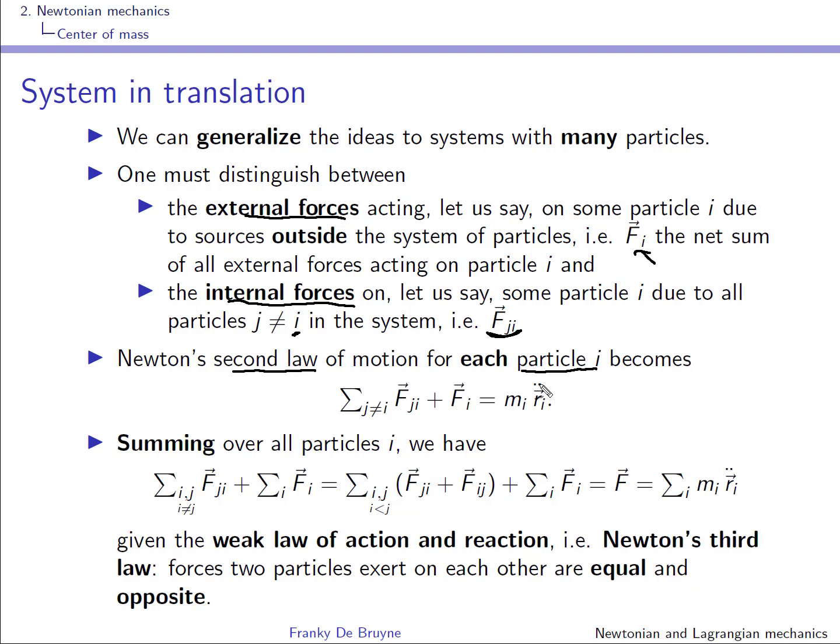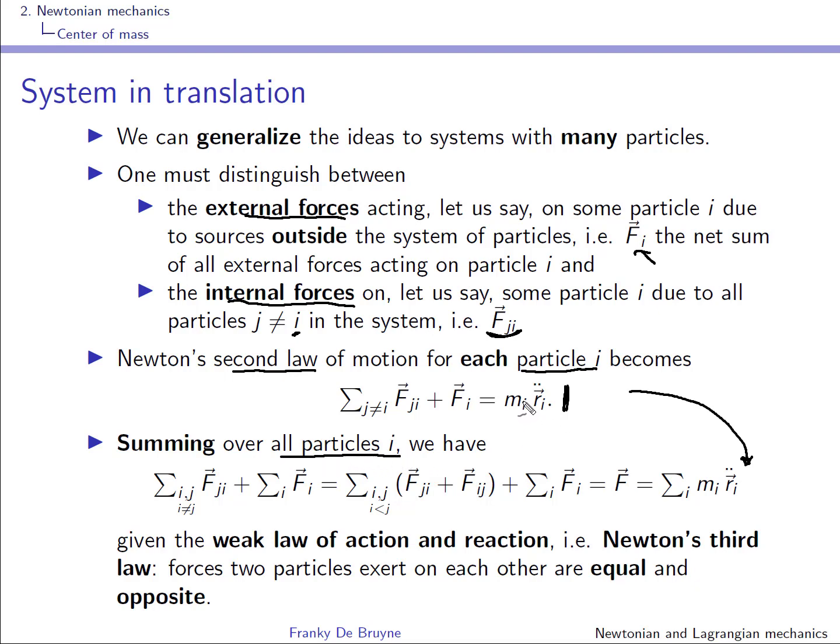Mass times acceleration vector is the sum of the forces, and as I just said, there are external forces, and there is a collection of internal forces that are linked to all the other particles different from i. So you obtain this equation, right? And going from here to here, what we do is that now we sum over all particles i.